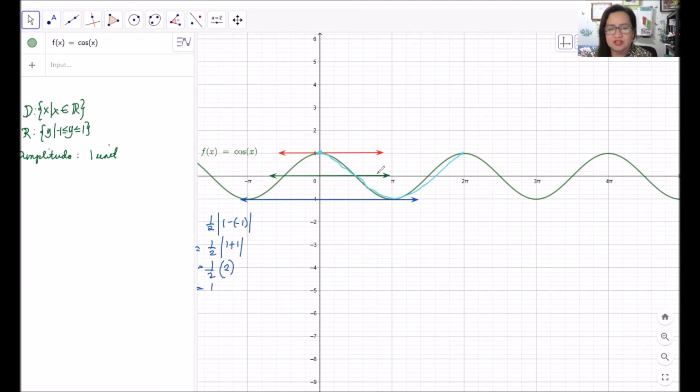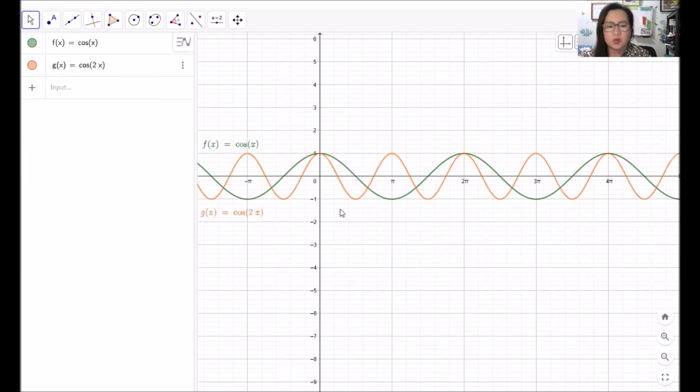So the horizontal distance from 0 to 2 pi is 2 pi. So therefore, the period of the cosine function is 2 pi. Okay, there is one complete cycle. So the frequency, okay, in the interval from 0 to 2 pi, there is one complete cycle.